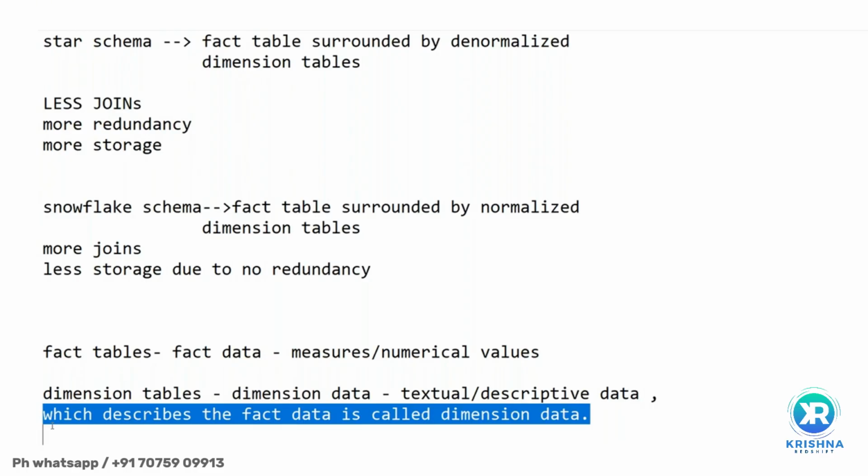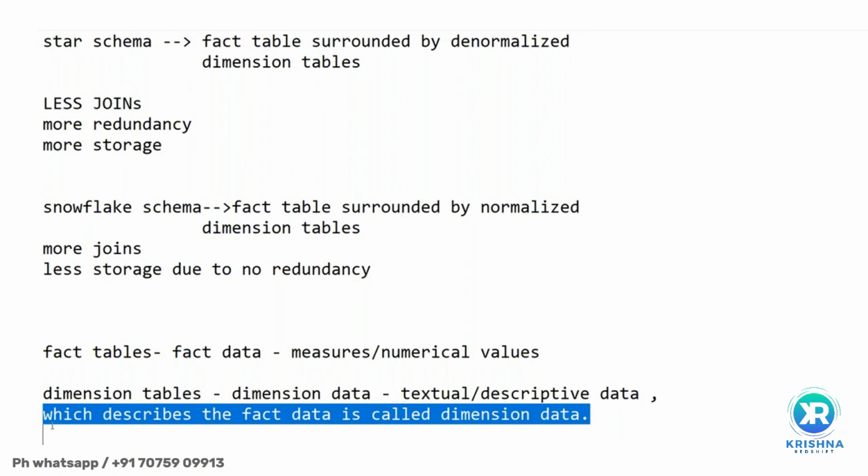Which quantity or which item, the answers to those questions will come from the dimension data, because dimension data stores brand, manufacturer, color, all those things. That's what you need to tell.